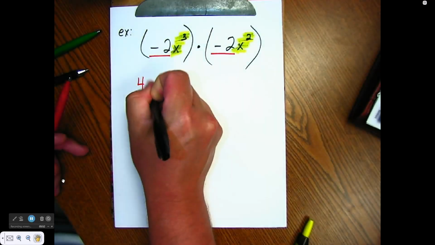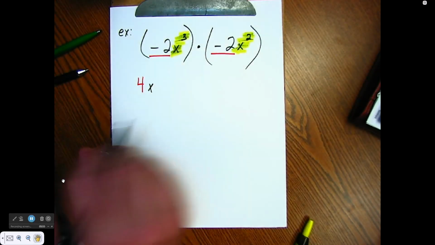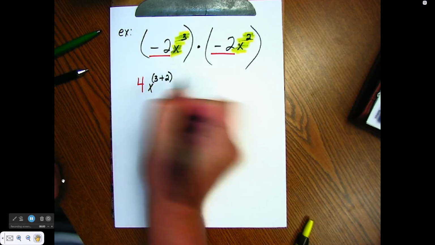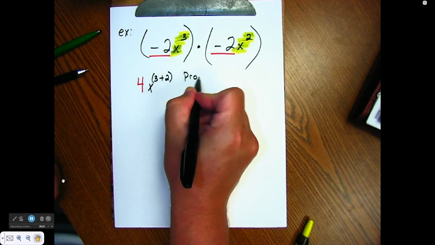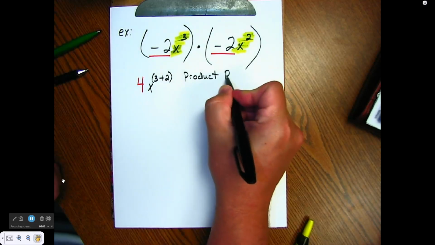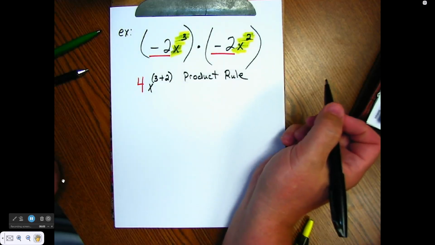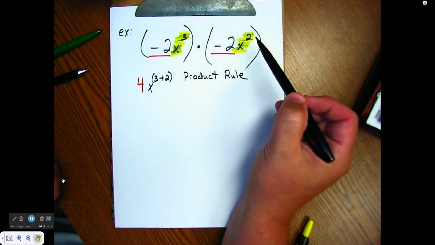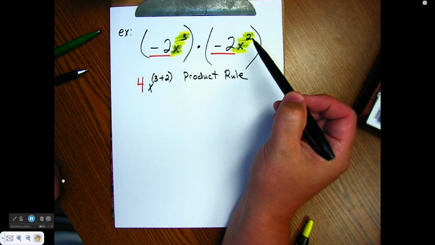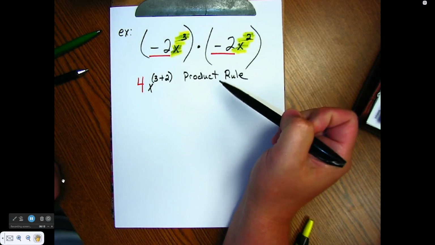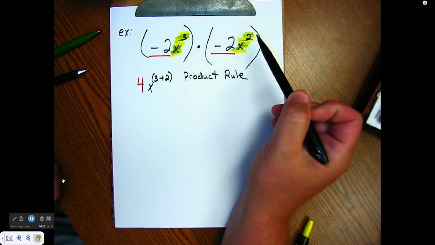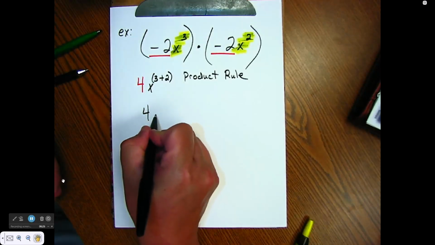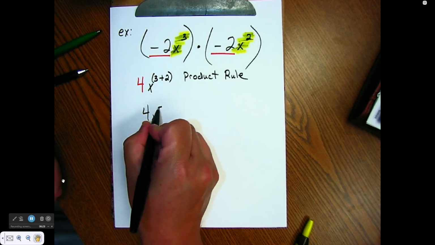This is going to be x raised to the 3 plus 2. Again, that is what the product rule tells us to do: consolidate the base, add the exponents together. The product rule pertains to exponents only. So my final answer here would be 4x to the power of 3 plus 2, which is 4x to the power of 5.